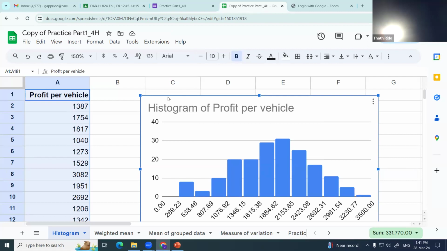But this is what we get if we just want any histogram, and we want the one that contains 7 classes.